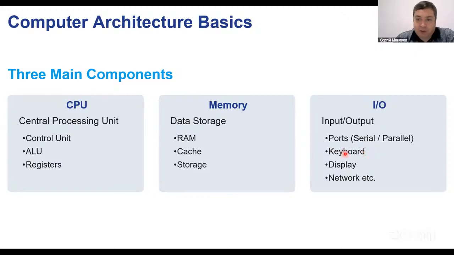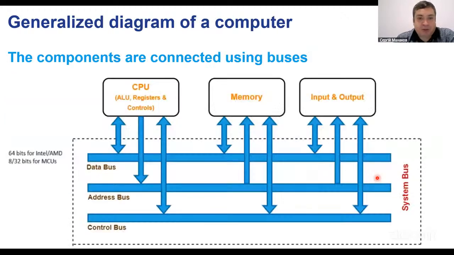Of course, we may have keyboards, displays, network devices, etc. We can represent it as a simple scheme, a generalized diagram of a computer with CPU, memory, and input-output devices. We see that they are all connected via so-called buses. We consider three types of buses: the data bus, the address bus, and the control bus.